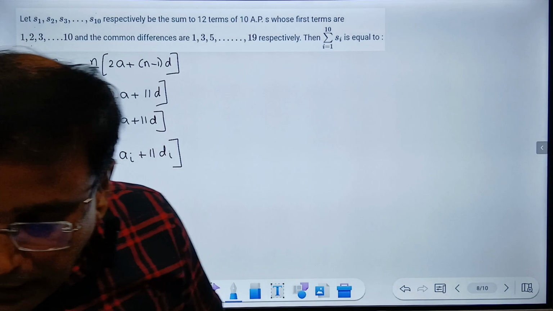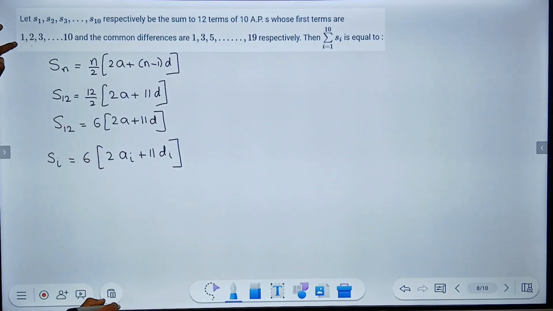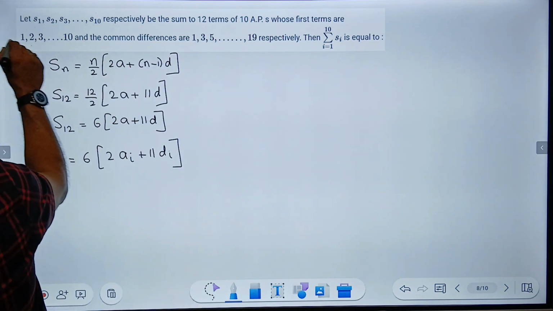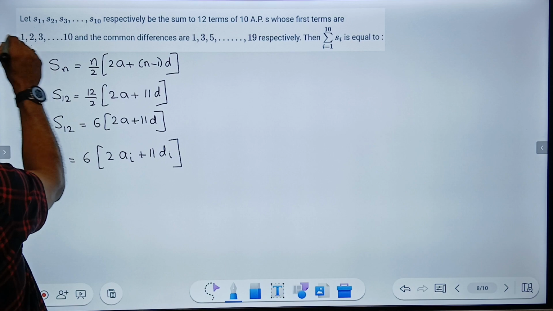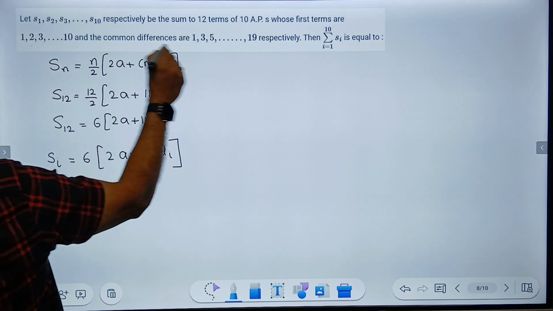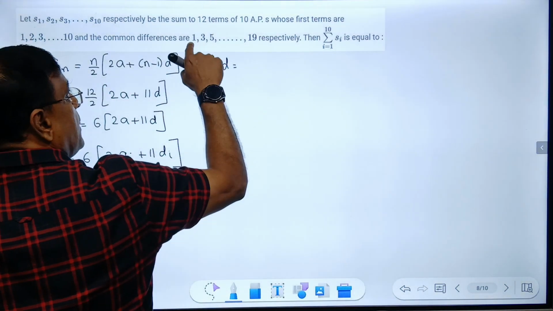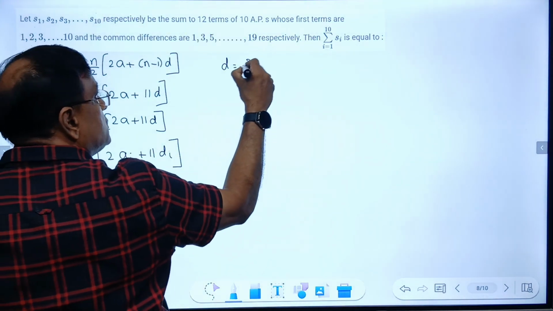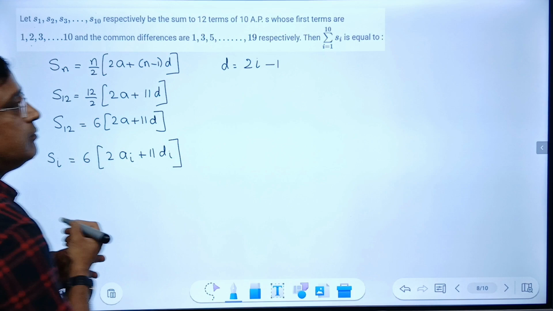Now what is my ai? Here the first term is 1. Okay. And what is the common difference? If you look at the common difference here, it's 1. The first term is 1. But whereas the common difference, if you see the differences, are odd numbers. So it is 2i minus 1.